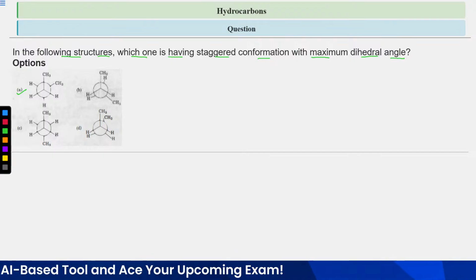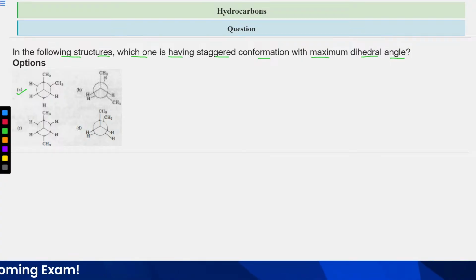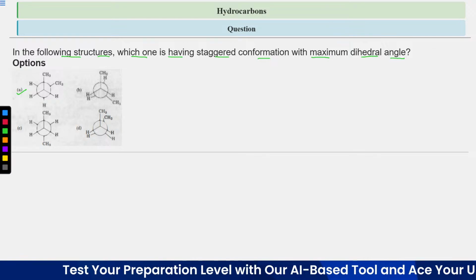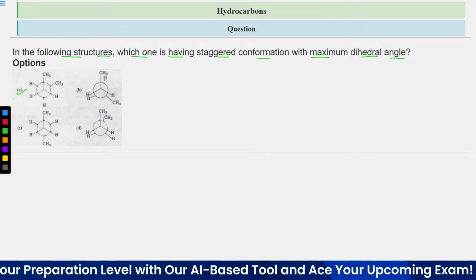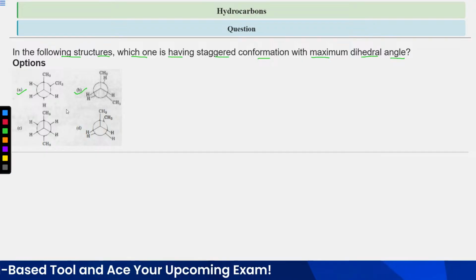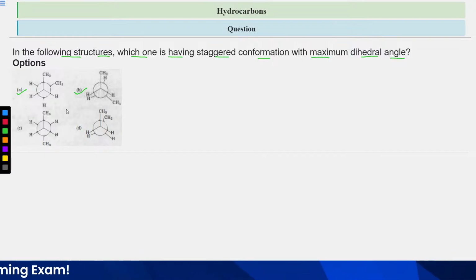So, the options are: option A involves a Newman formula where you can see two methyl groups attached at the ends, and all the rest are hydrogens. In option B, we have a Newman formula where two methyl groups are attached again, but the conformation changed slightly from the first option.